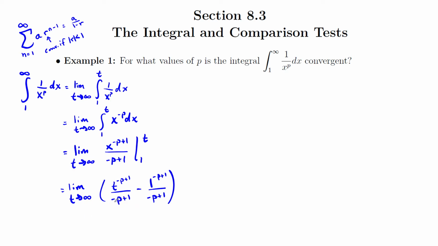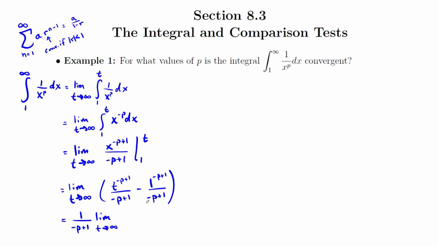On the one hand, this negative p plus 1 is just distracting. Let's remember that p is an actual number, right? And so this is just a number in the denominator, and it doesn't have any t's in it at all. So I'm going to pull that outside the limit.